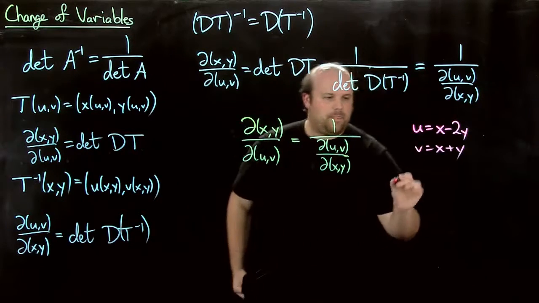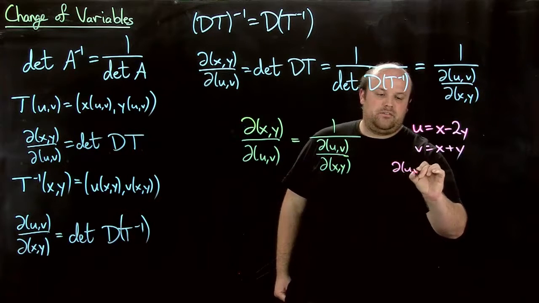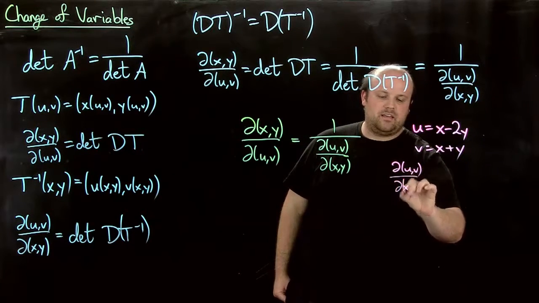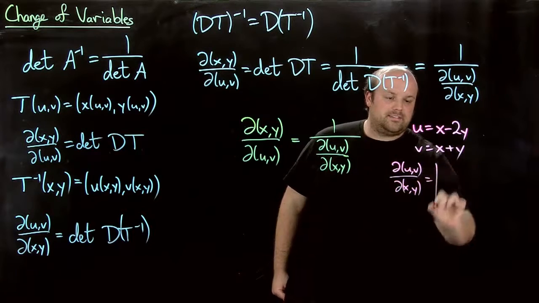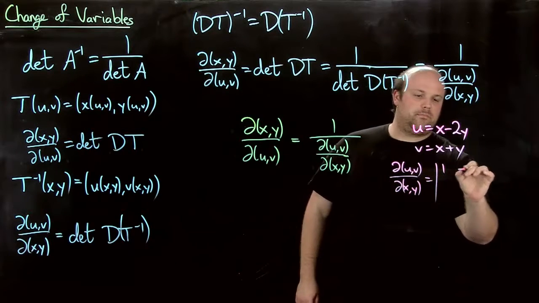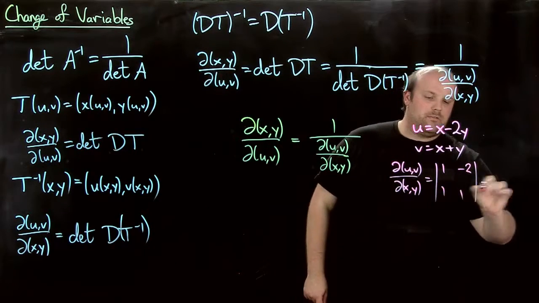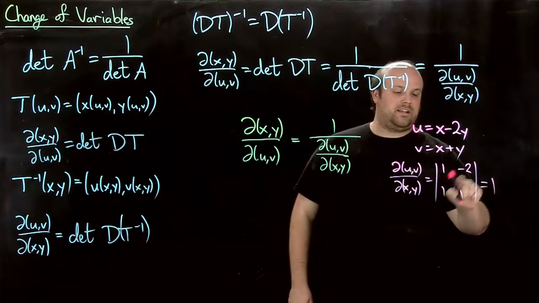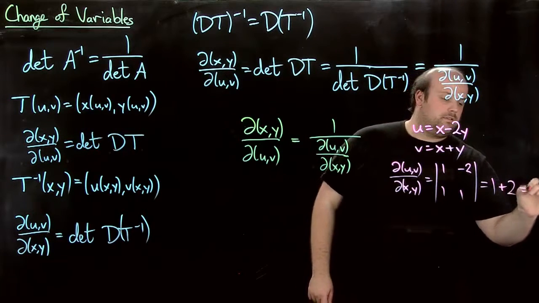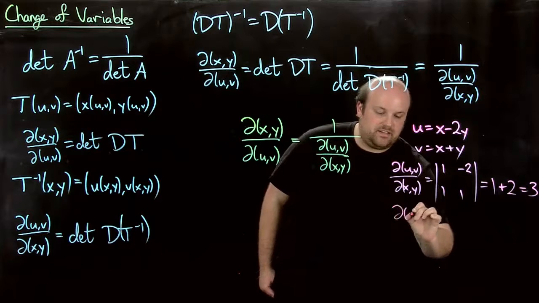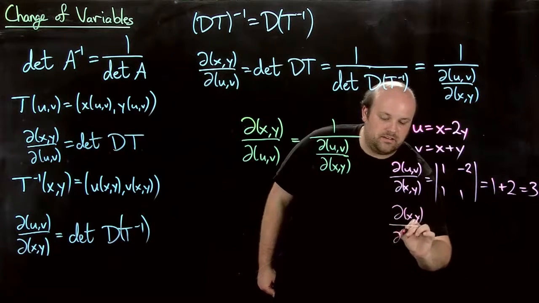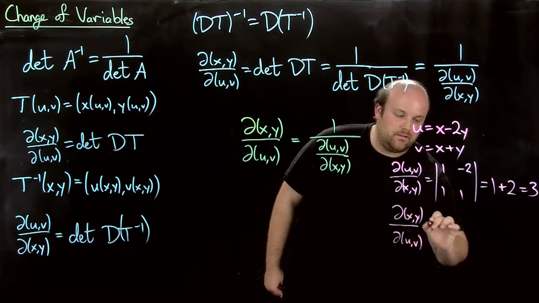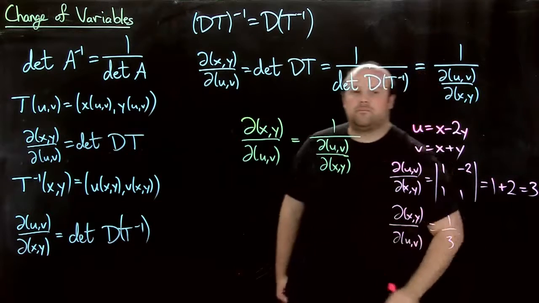But here, d(u,v)/d(x,y) is the determinant of [1, -2; 1, 1], which is 1 minus negative 2, so 3. So then d(x,y)/d(u,v) is 1/3.